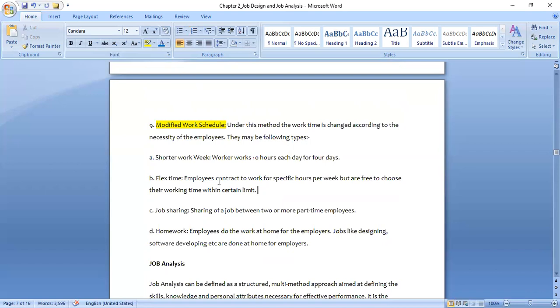You may find some employees will tell you they want to work maybe on weekends. So that is what we call a modified work schedule, giving these employees the chance to choose when to do the work.